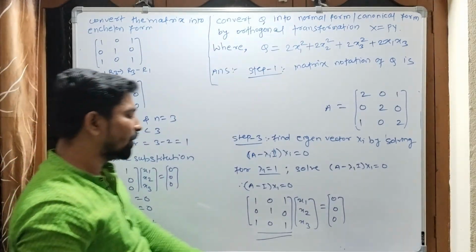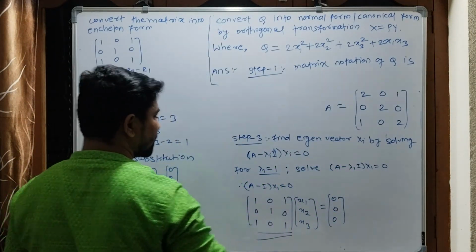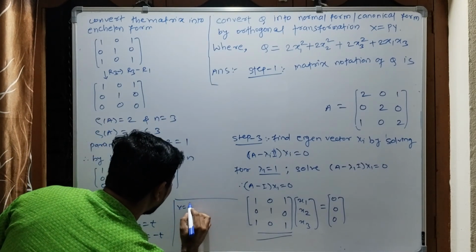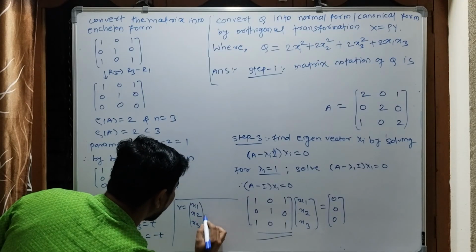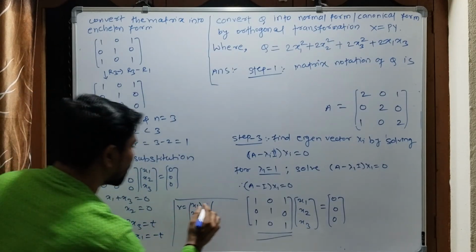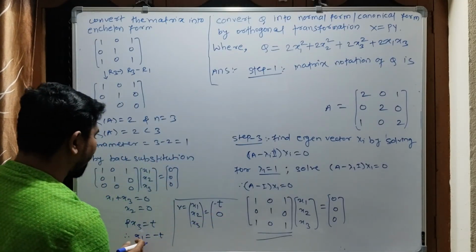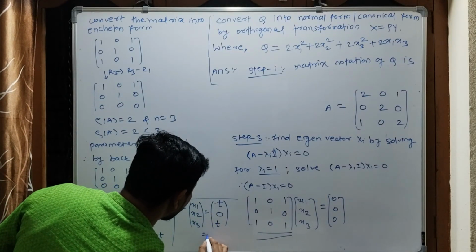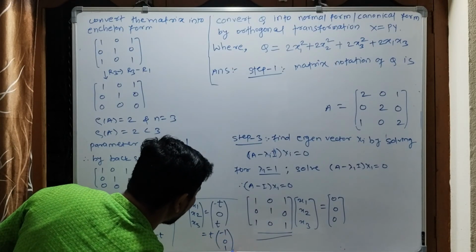So I got the first eigenvector. Here I will write x equal to x1, x2 and x3, which is x1 is minus t, x2 is 0 and x3 is t, which is equal to t times minus 1, 0, 1.